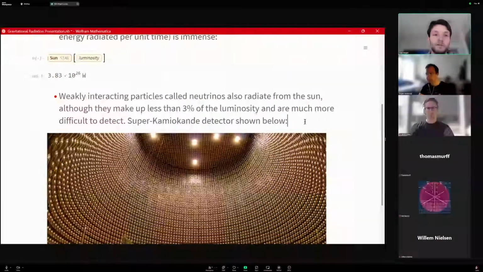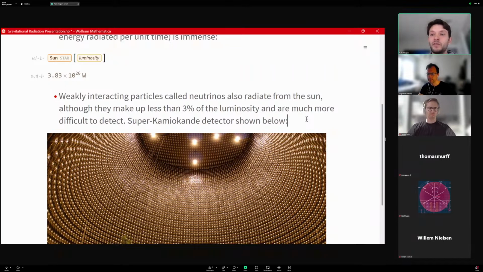Yeah, so there are other types of things that people would classify as radiation. Like I mentioned, cosmic rays are charged particles that have been accelerated by really strong magnetic fields.